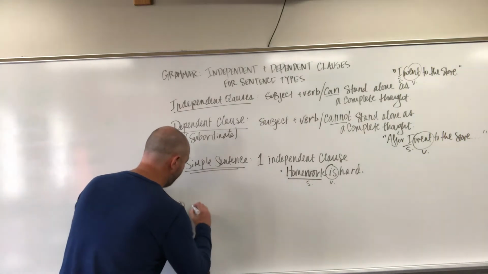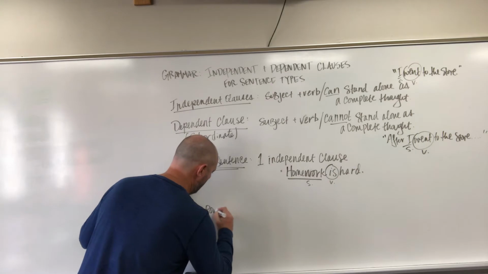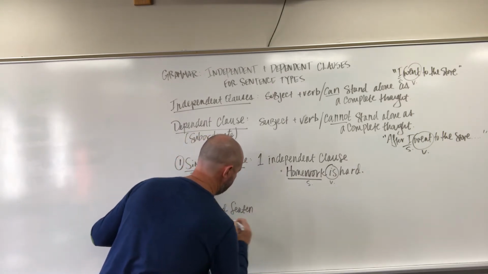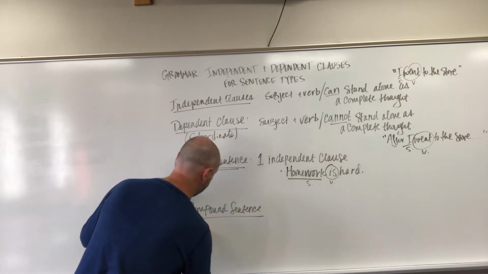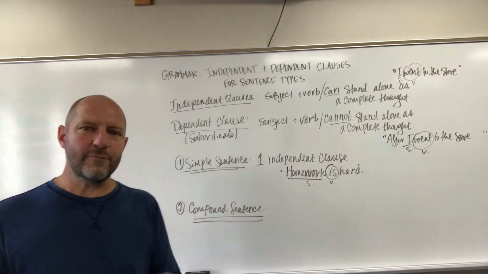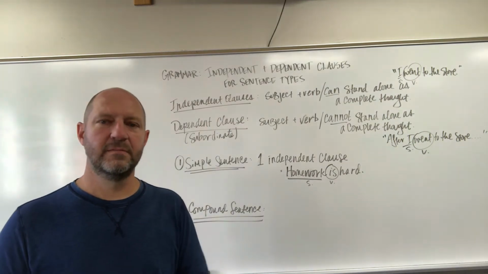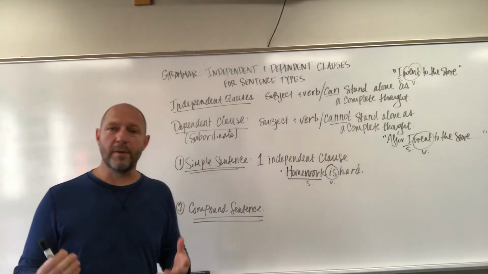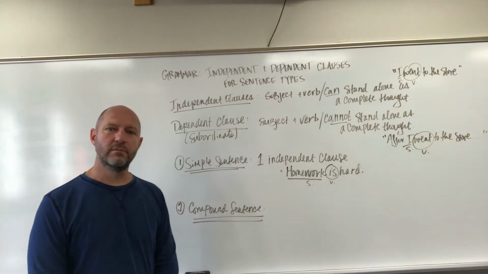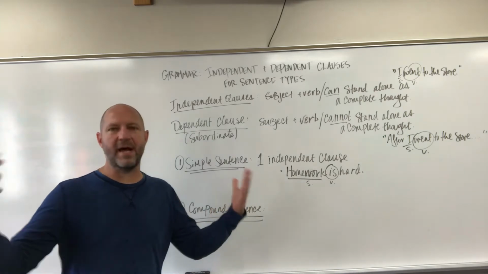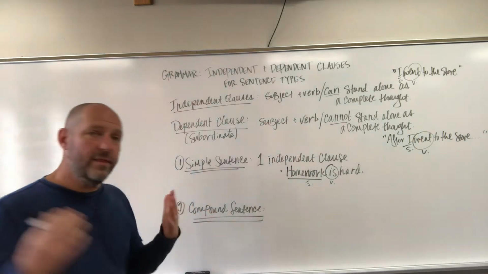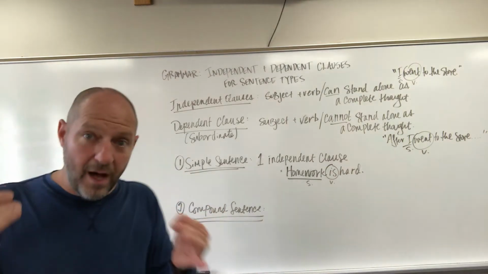But we also have our compound sentences. If you think of what the word compound means, let's think about a compound word, basketball. It's two words put together to make a single word. Basket and ball. Butterfly. It goes on and on. So what then would we think a compound sentence is?